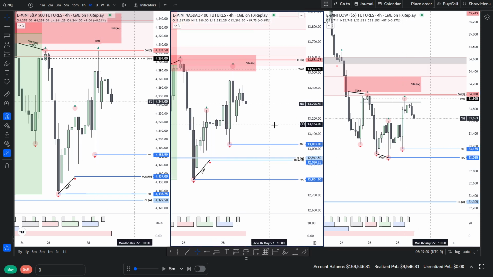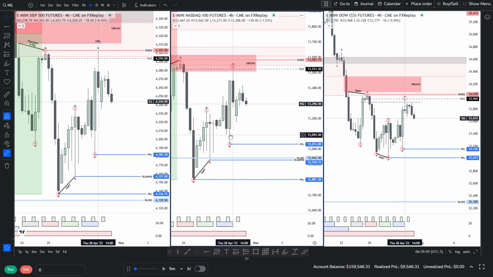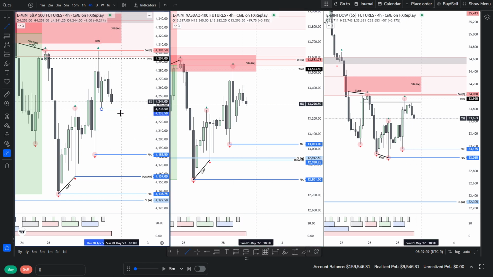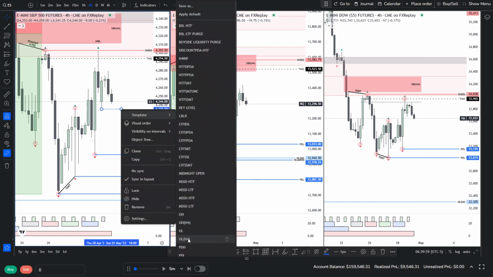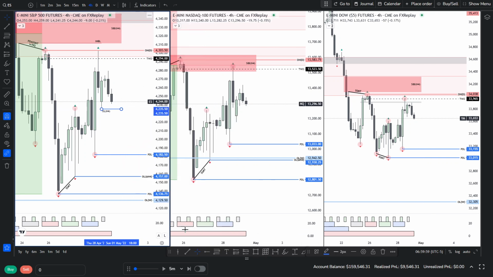Okay, so we have that. Then to put this in, which is the old low H4.